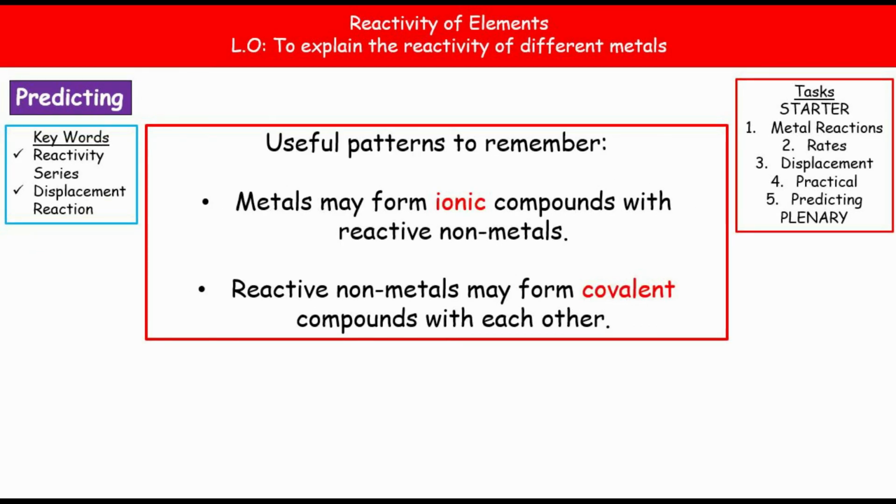Hopefully what we wrote down is that metals may form ionic compounds with reactive nonmetals, and reactive nonmetals may form covalent compounds with each other.